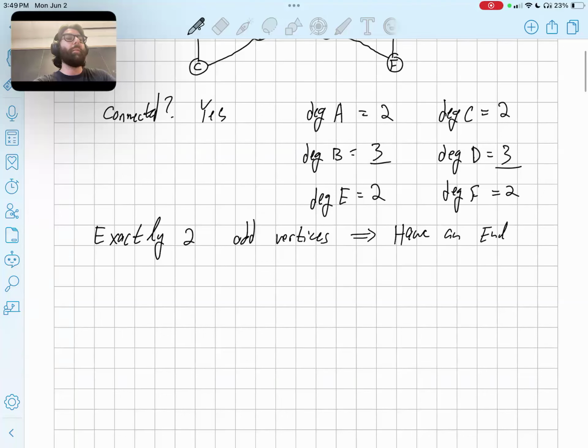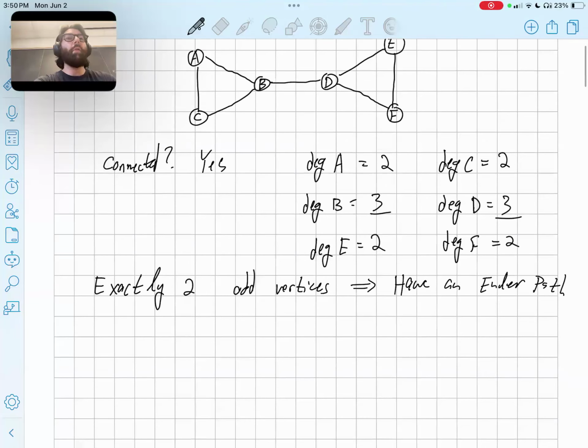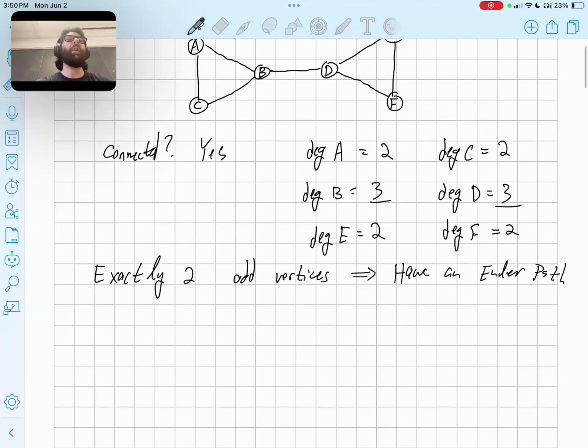And so that tells us that we have an Euler path. And so remember, an Euler path always starts on one of the odd degree vertices and ends on the other one.